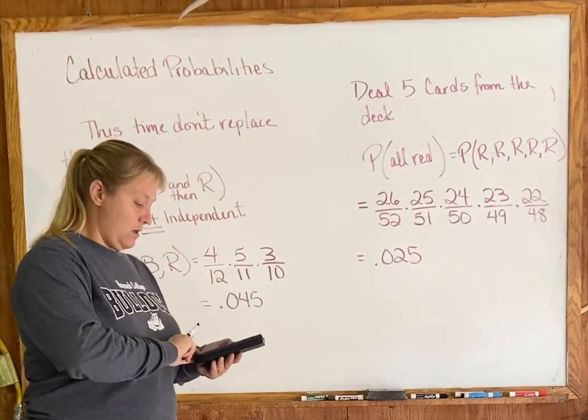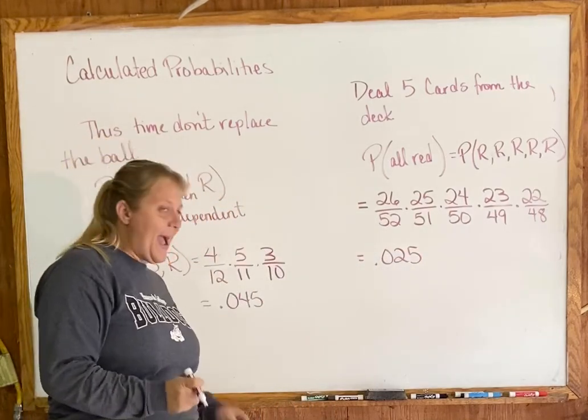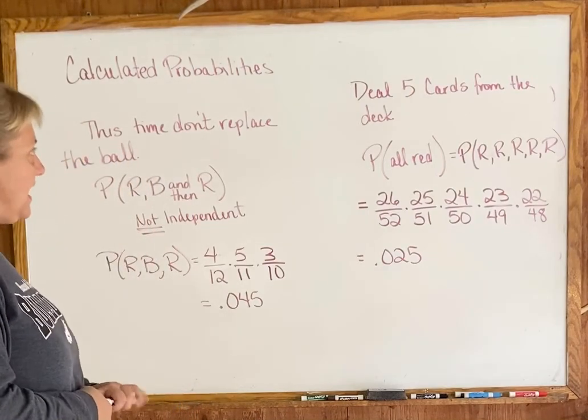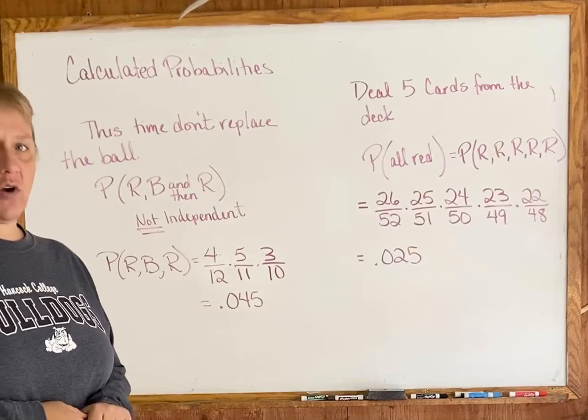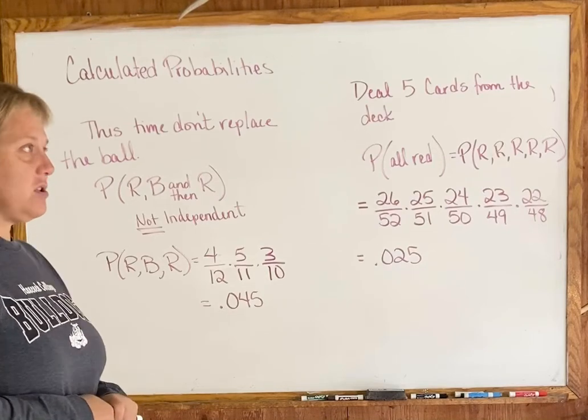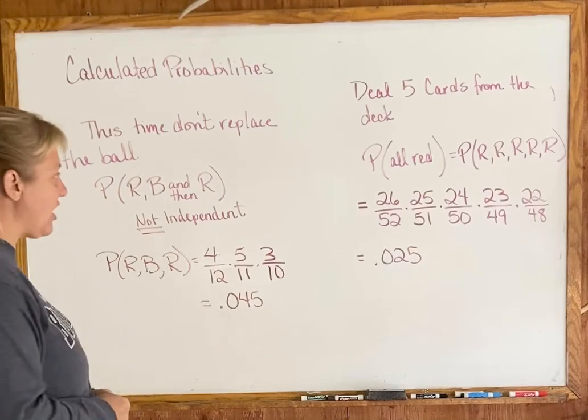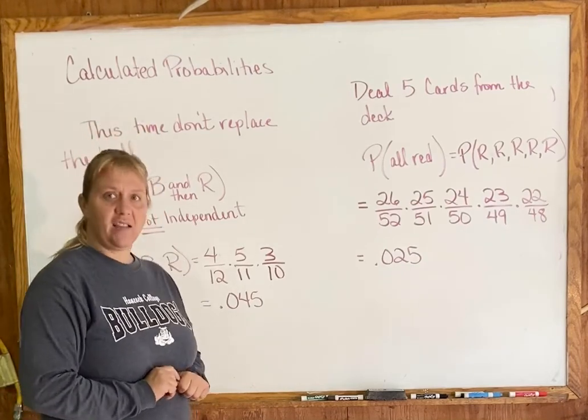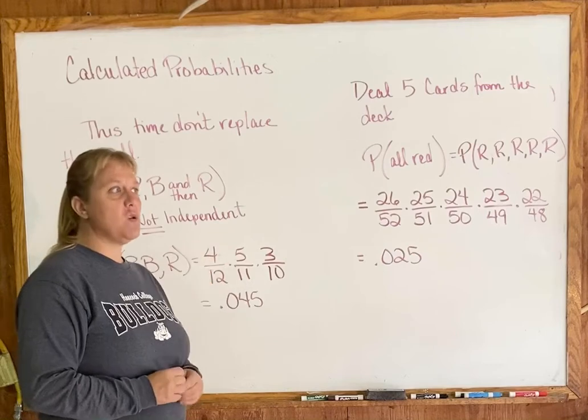Okay. So even though half the deck is red, if you want to deal out 5 red cards in a row, there's actually only a 2.5% chance that that's going to happen. Okay, so it's not all that likely, is it? But do you see how most people wouldn't think that?